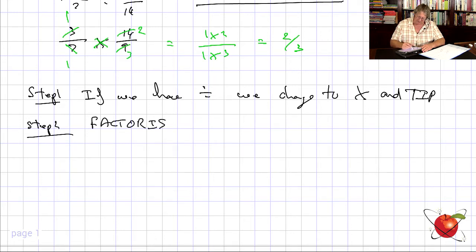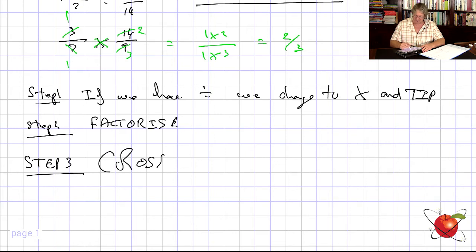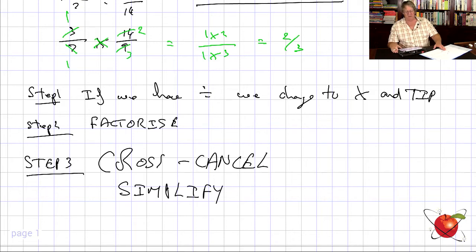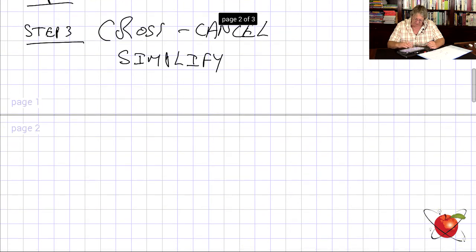When in doubt, factorize out. And step 3, we go to everyone's happy place: you cross-cancel. In other words, we simplify. Make it smaller, make it easier, because we don't want all of the gunk in if we can get rid of it.